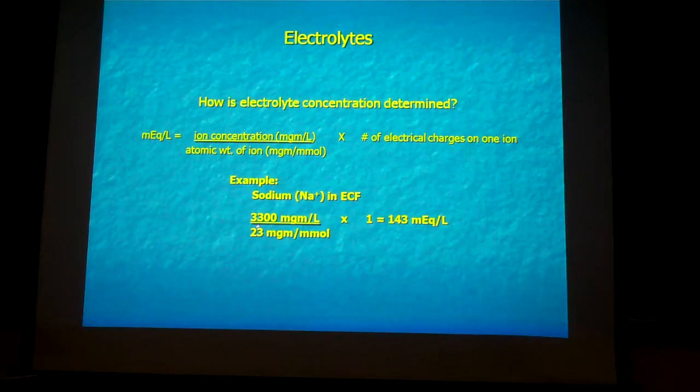Let's say the concentration of sodium in a solution is 3,300 milligrams per liter. This is the atomic weight of sodium down here, and of course we know that sodium has one charge. If you work this out, you come up with 143 milliequivalents per liter.